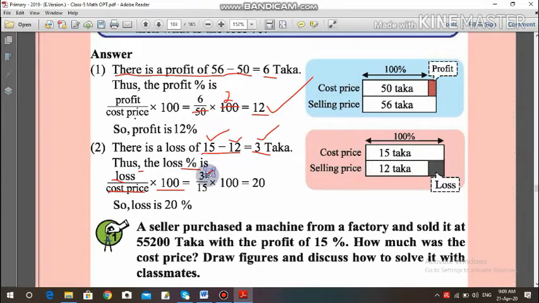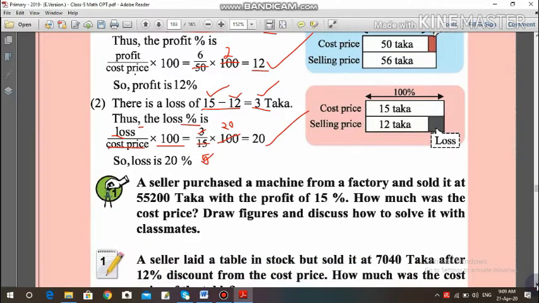Now we calculate: 3 divided by 15, it will be 5. Now we divide 100 by 5, 20. So when we convert into percentage, loss is 20%.